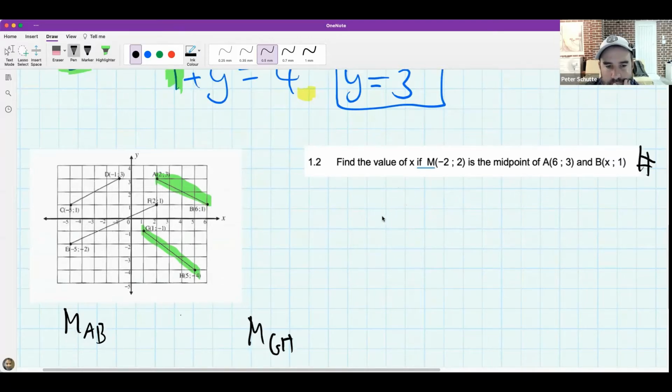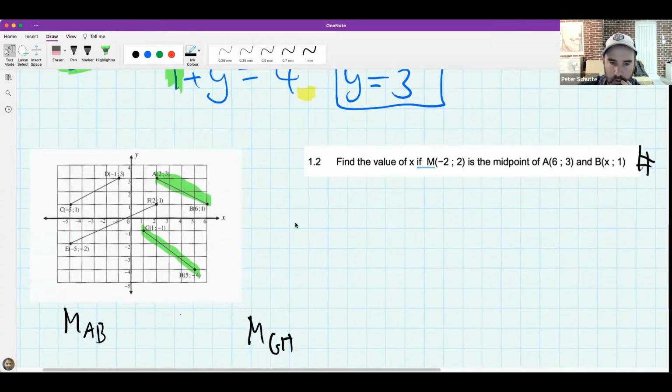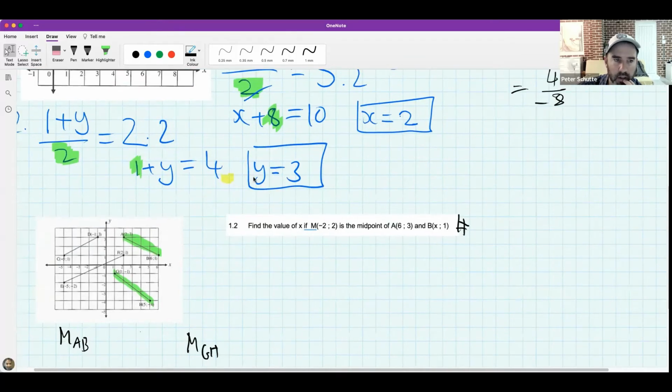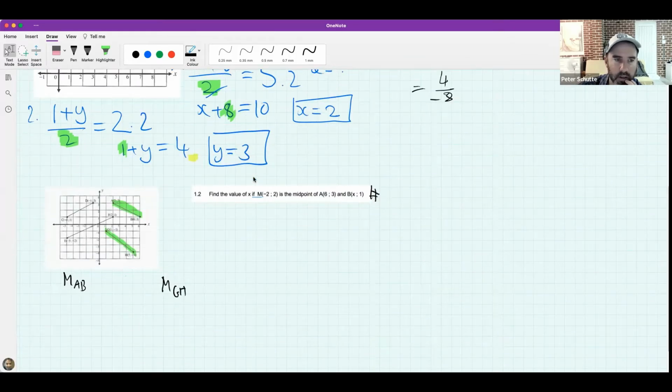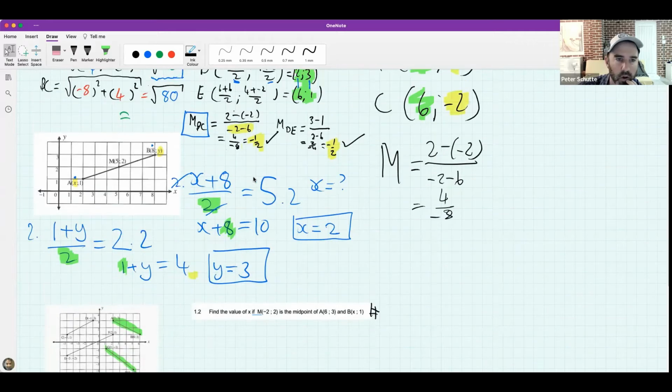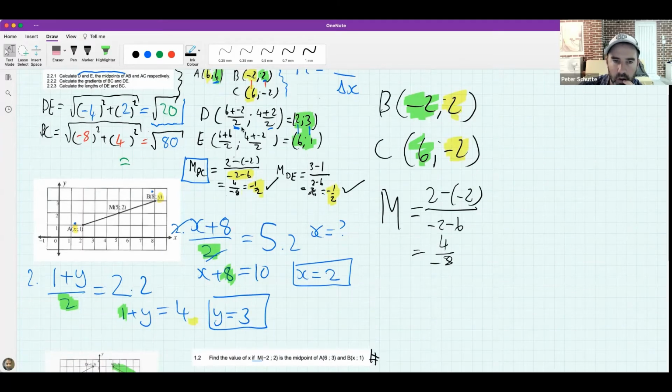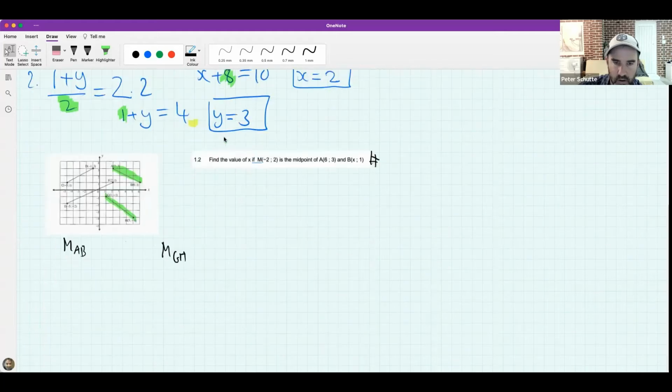Sorry to take you a bit back, sir, but can you please go back to the point where you were calculating the values for E? Let's just quickly zoom in. Were you using the coordinates of D and C to find E? Yes, I was. Then you would use the x.